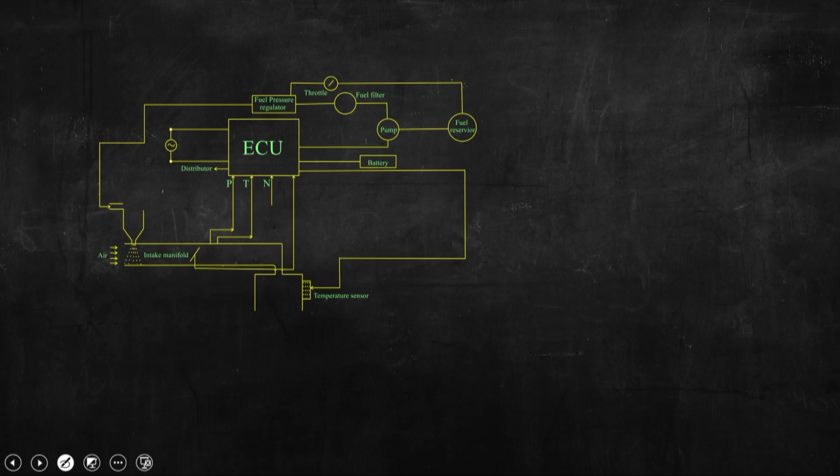I will try to describe the functionality of the ECU taking this example. What you can see from this example is that this is the engine cylinder, and this is the cooling water jacket.